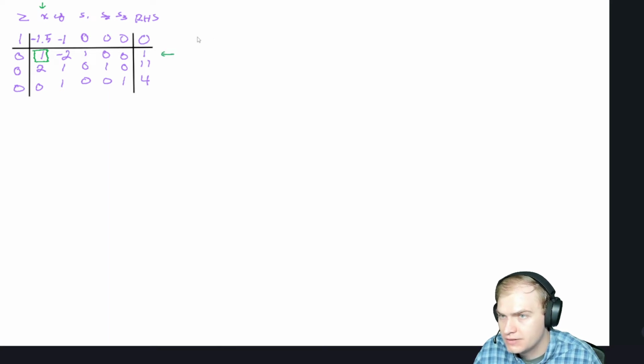And S1, we notice that S1 is the basic variable associated with this row.